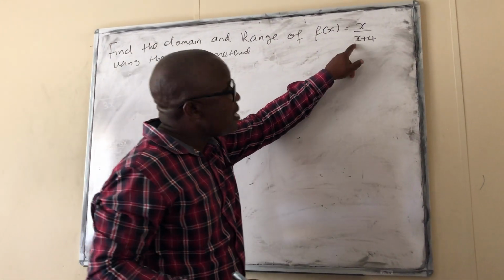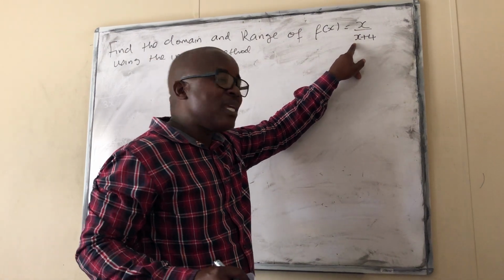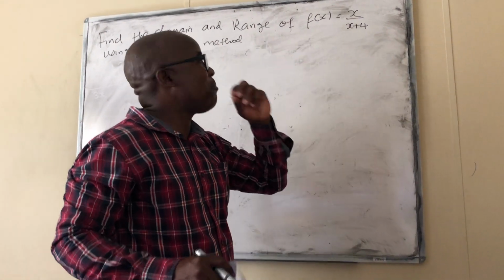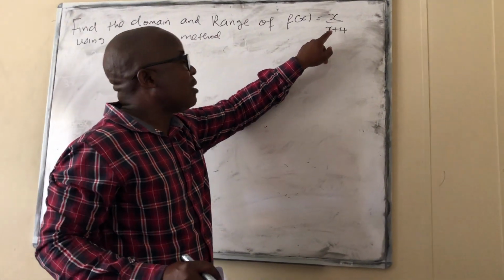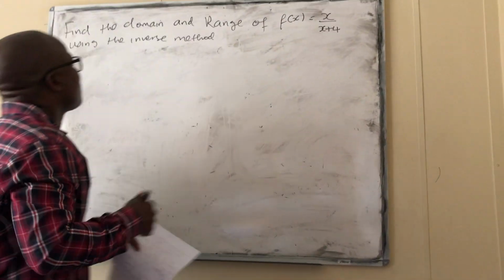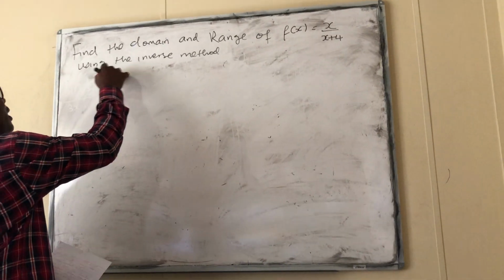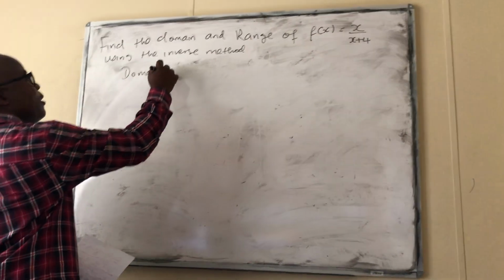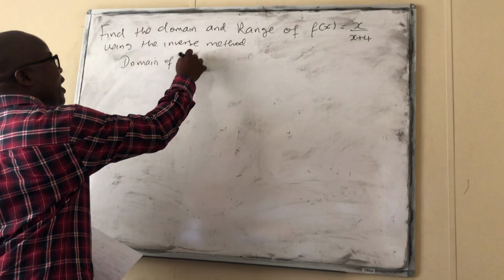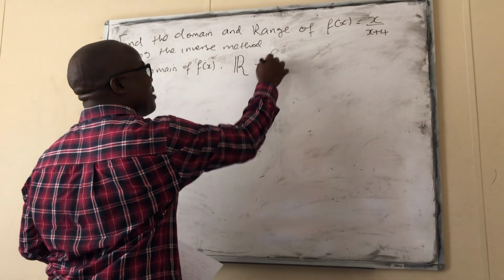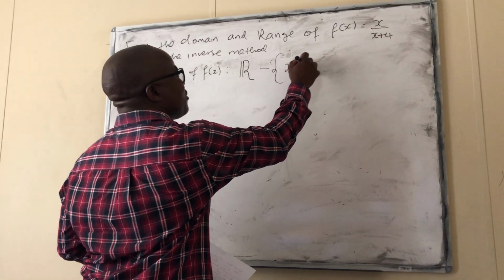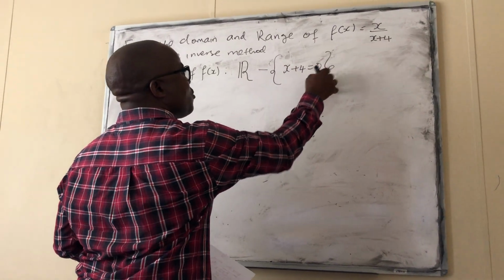So it means that the domain will be all real numbers except a situation where the denominator is zero. So the domain of f of x will be all real numbers except where x plus 4 equals 0.